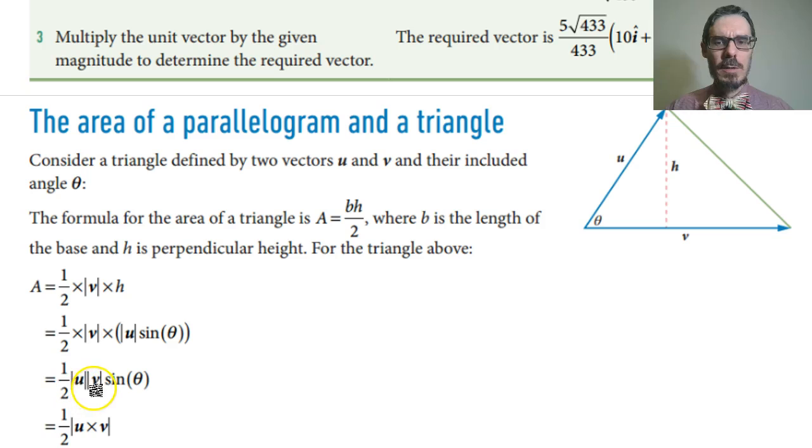But mod U mod V sine theta is U cross V, ignoring the direction. So the area of a triangle, if you know two of the three vectors making up its sides, is half the length of U cross V.